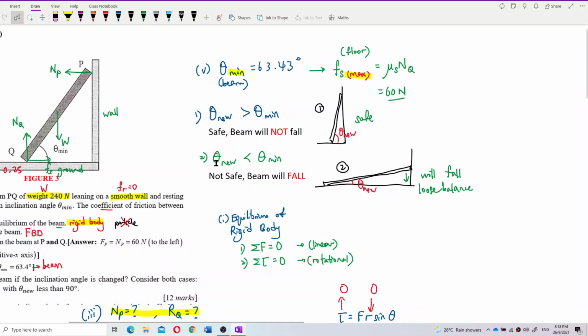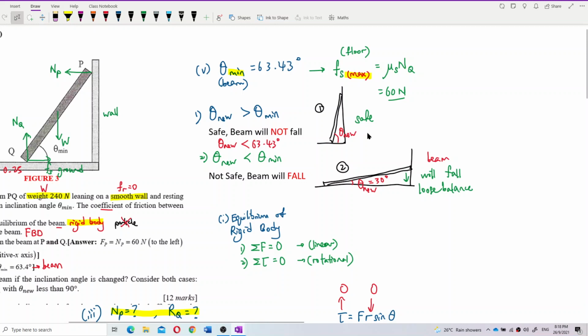If your new angle is less than theta minimum, less than 63.43, say only 30 degrees, the beam will fall and lose balance.